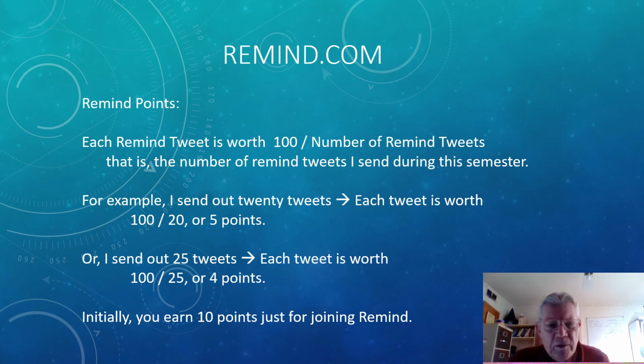So it just depends. I don't know right now how many tweets I'll be sending out, but that's how we decide how many points each tweet is worth. And at the very beginning, you can earn 10 points just for joining Remind automatically.